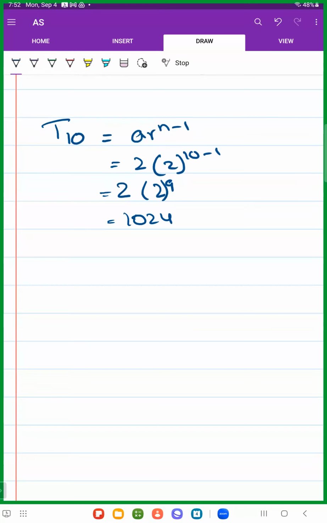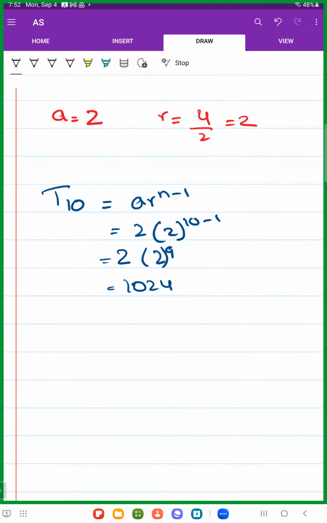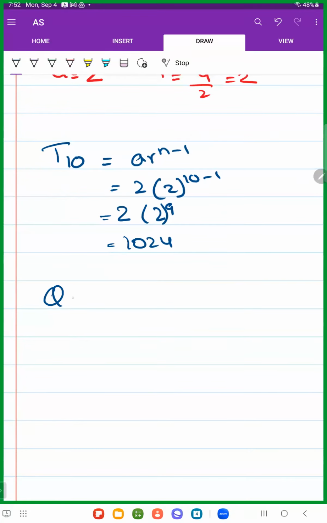So you will be doing question 2, parts F, G, H, I, J, K, and L. Okay?